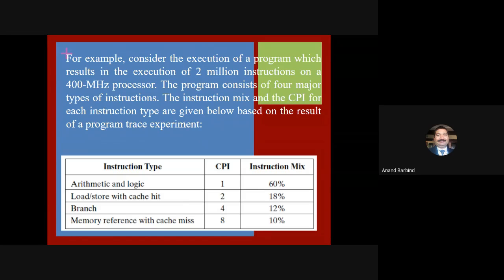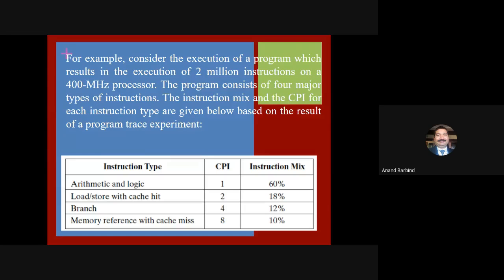A processor was used to execute a program consisting of 2 million instructions, operated on 400 megahertz, and there are four major types of instructions, with the instruction mix given in this particular table. Four types of instruction. The CPI for these types of instructions are 1, 2, 4, and 8, whereas the instruction mix is 60%, 18%, 12%, and 10%.